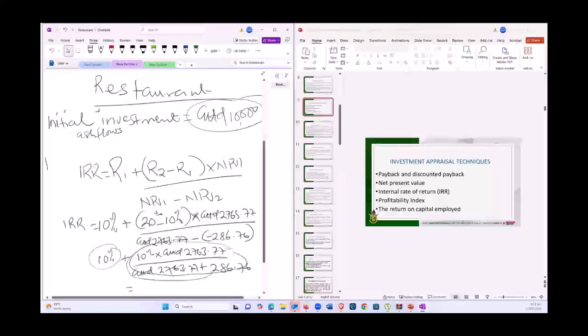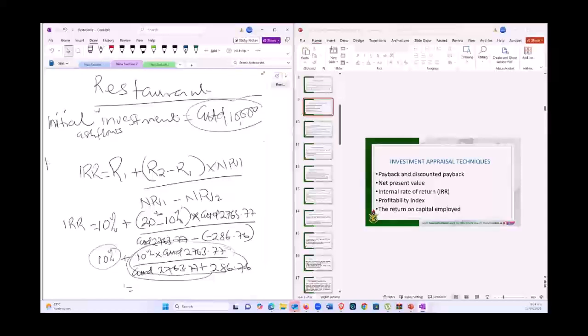2763.77 will give you what? 27637.7 for the numerator, right? Then here you get the denominator to be 2763.77 plus 286.76.